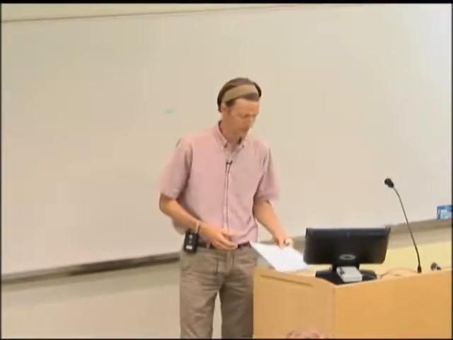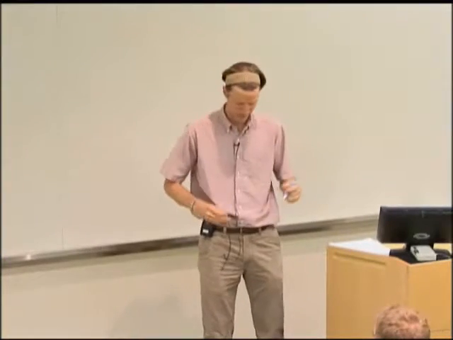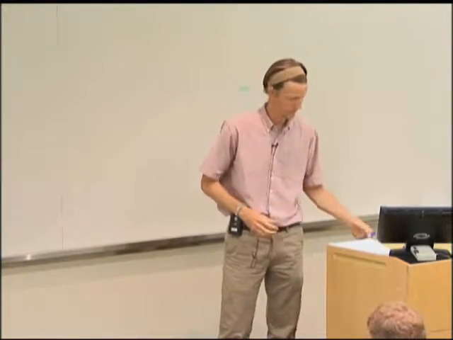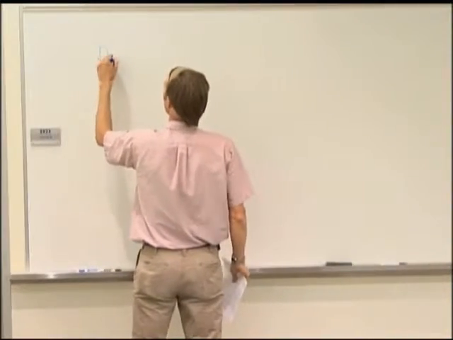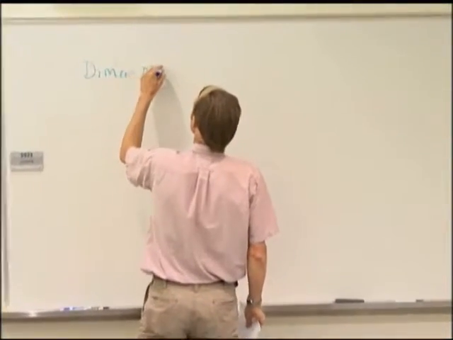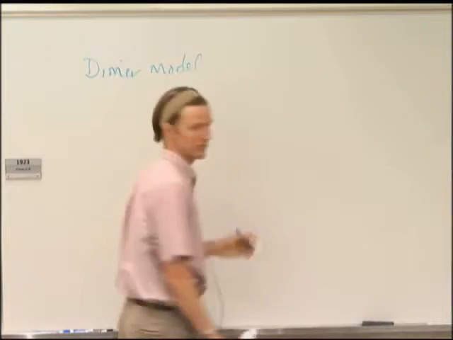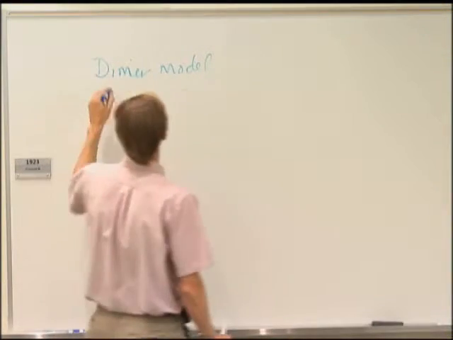I want to start by talking about the dimer model. Before I talk about the double dimer model, just to make sure everybody knows where we're starting. And I hope you all feel free to ask questions about anything.